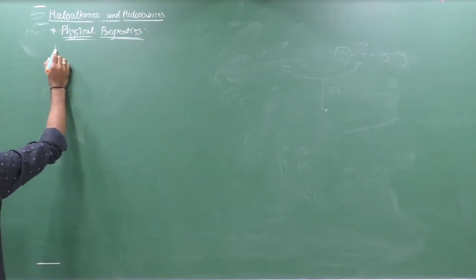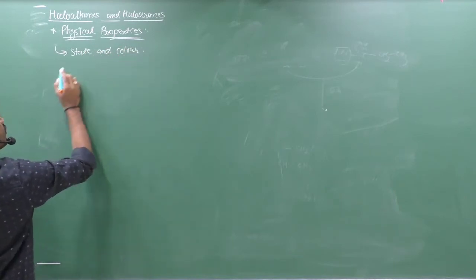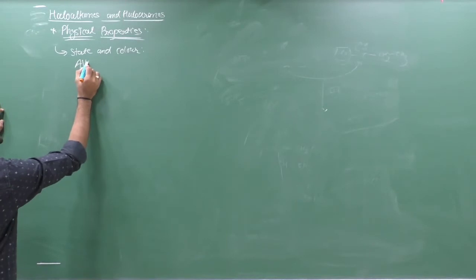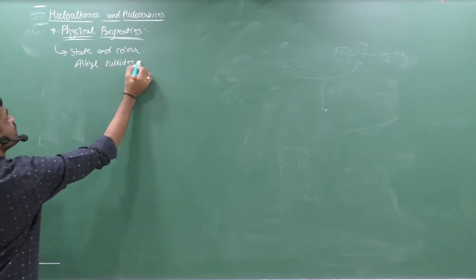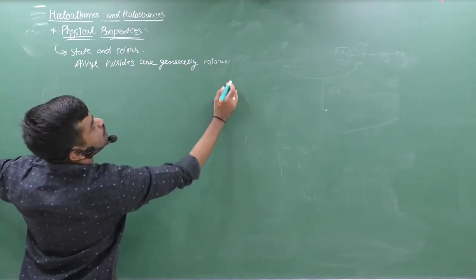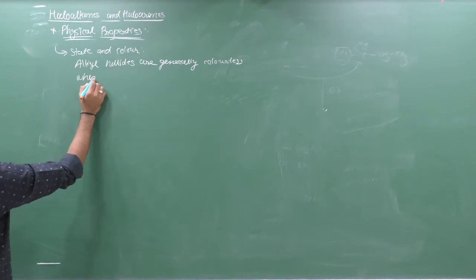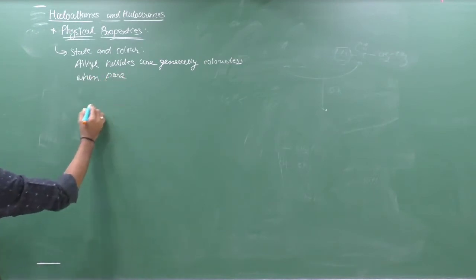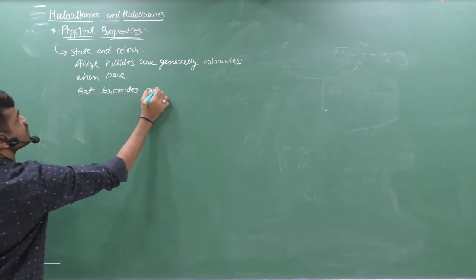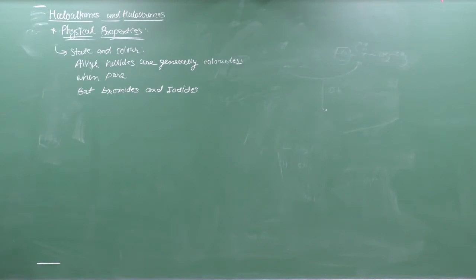If you think about the state and color of haloalkanes and haloarenes, then alkyl halides are generally colorless when pure, but bromides and iodides develop color when exposed to air.